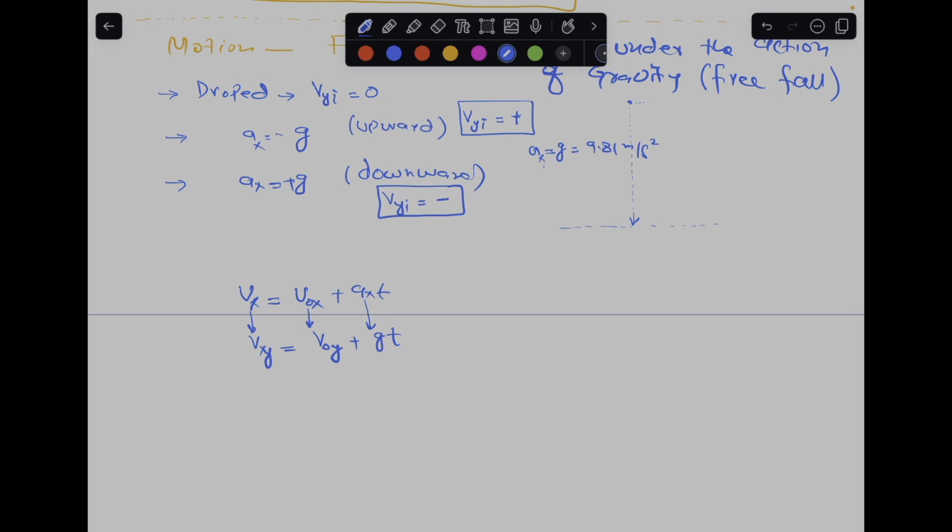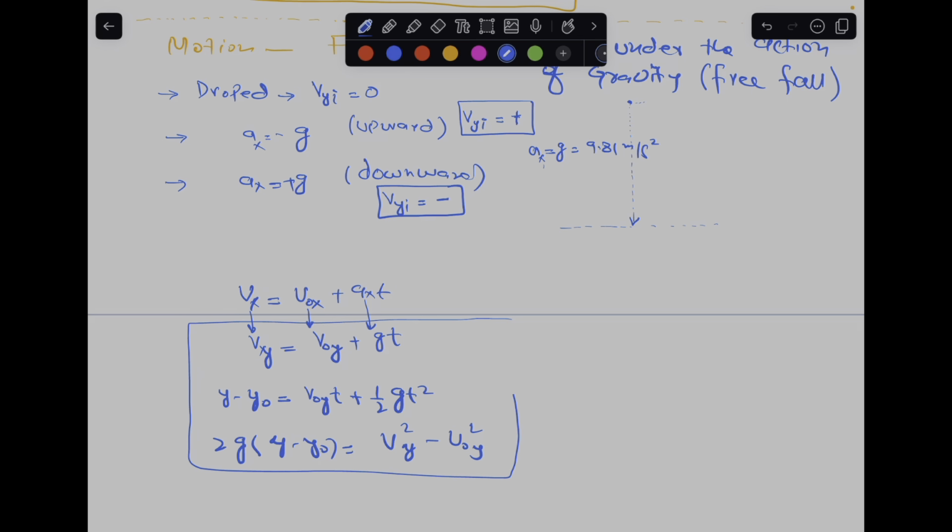Then your second equation becomes y minus y naught is V naught of y t plus 1/2 gt squared. And your third equation of motion becomes 2g times y minus y naught is vy squared minus V naught of y squared. So these are your three equations of motion under free fall.